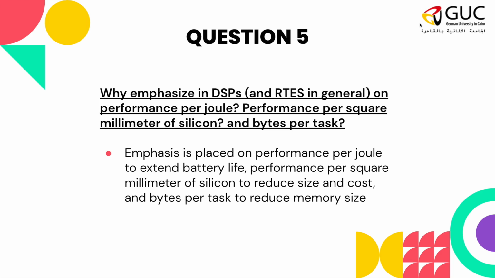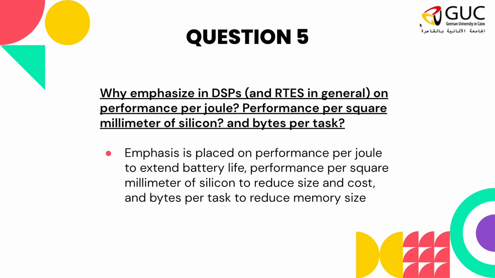Okay, so performance per joule will definitely affect the battery life. And we care about the battery life of what? Of our mobile phones. As you all know, you have mobile devices, and one of the main issues of your mobile devices will be the battery. Okay, so we need to take into consideration performance per joule to lower the battery consumption, therefore to extend the battery life.